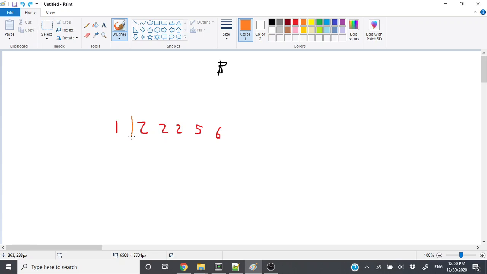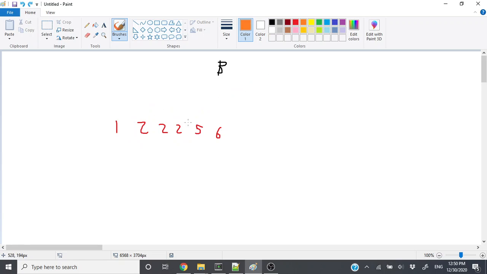But if we have numbers with multiple occurrences, then these occurrences are kind of wasted. What's the point of having multiple 2's when we can just not have multiple 2's, right?